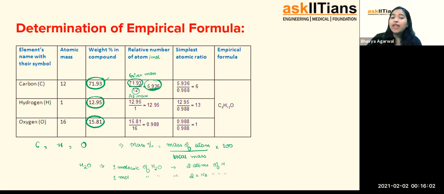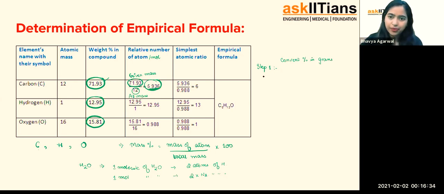Now, if I talk about the simplest atomic ratio, how do you find that? The first thing we do is convert the percentage, that's always your step 1. We must know the steps to get to the right answer. So step 1 is always convert the given percentage into grams.